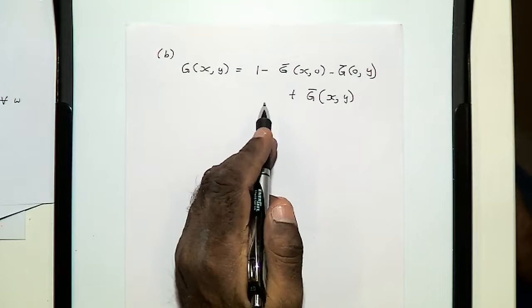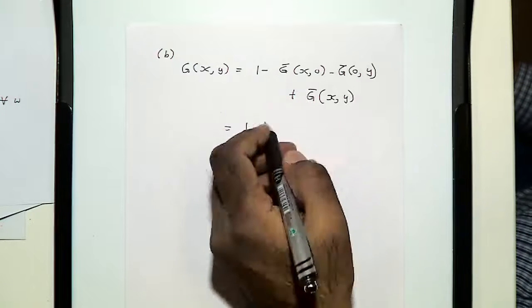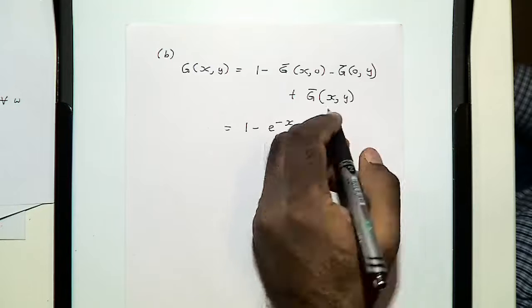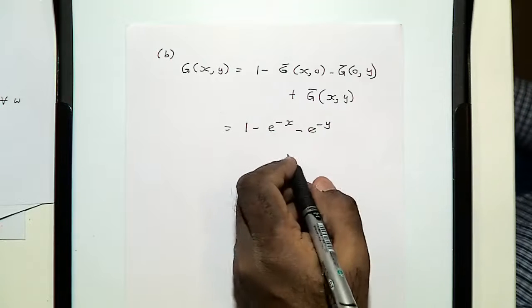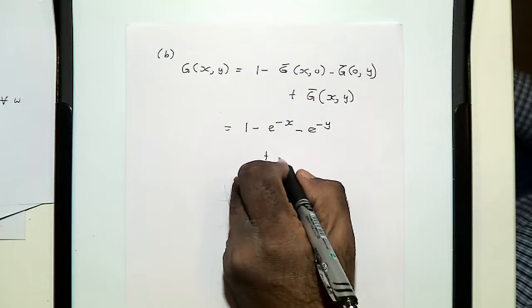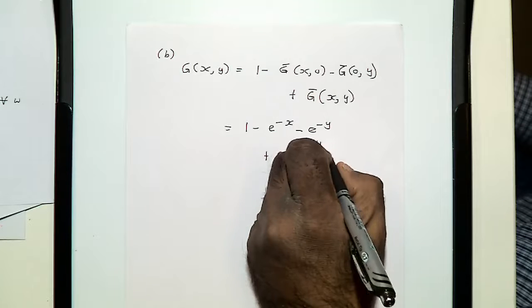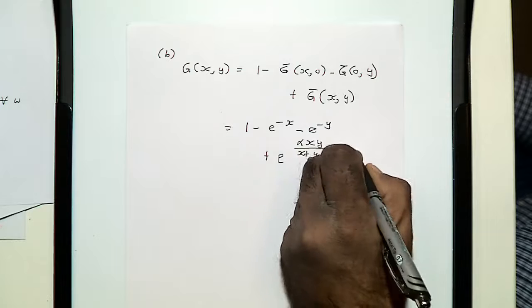You should look back, right? So we know that this guy is exponential, and this is also exponential, and this is given in the question, which is plus e to the alpha x y divided by x plus y minus x minus y.